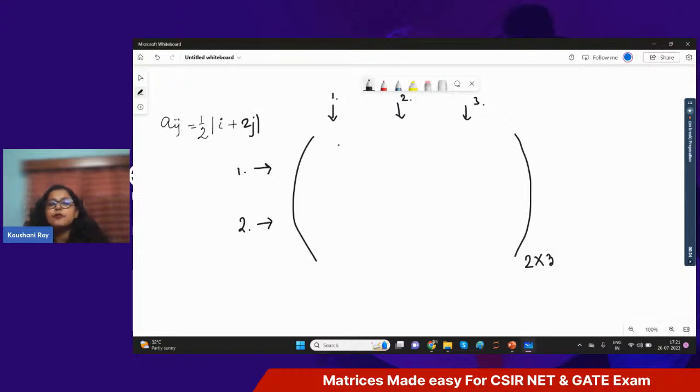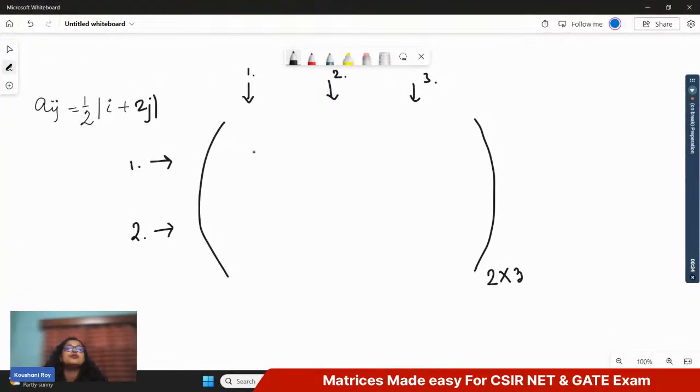Now let us come to this point. First of all, we have to find the location of the element that we are looking for. So this element is at the position of first row and first column, at the intersection, or we can say the crossing, of first row and first column. So how can we find this element? Let me do one thing. All these values are of i. These are i values and these are j values. Okay.